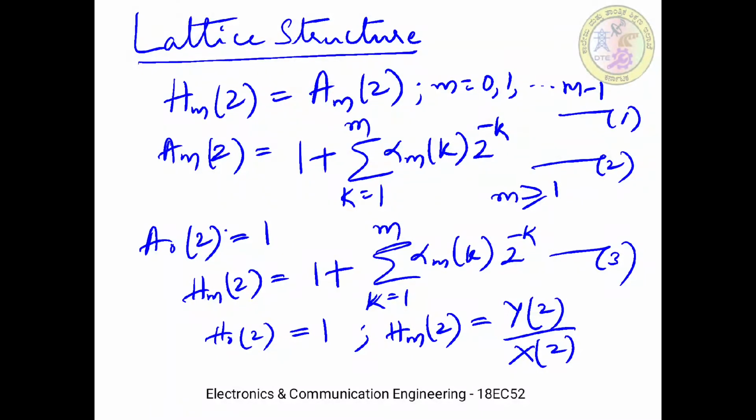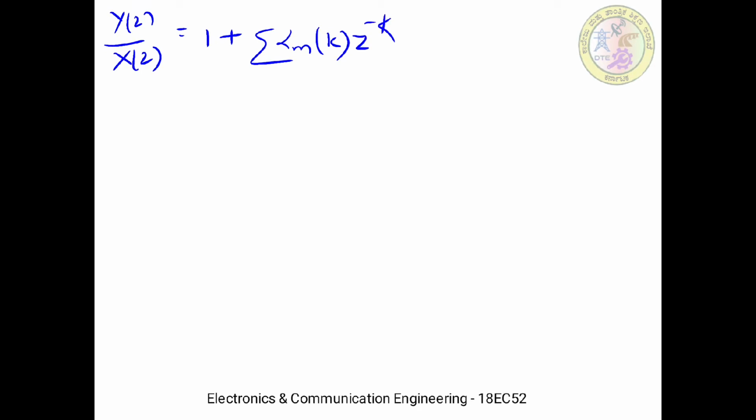By substituting this in equation 3, we can write Y(z) by X(z) equal to 1 plus summation alpha_m(k) into z to the power of minus k, where k ranges from 1 to m.